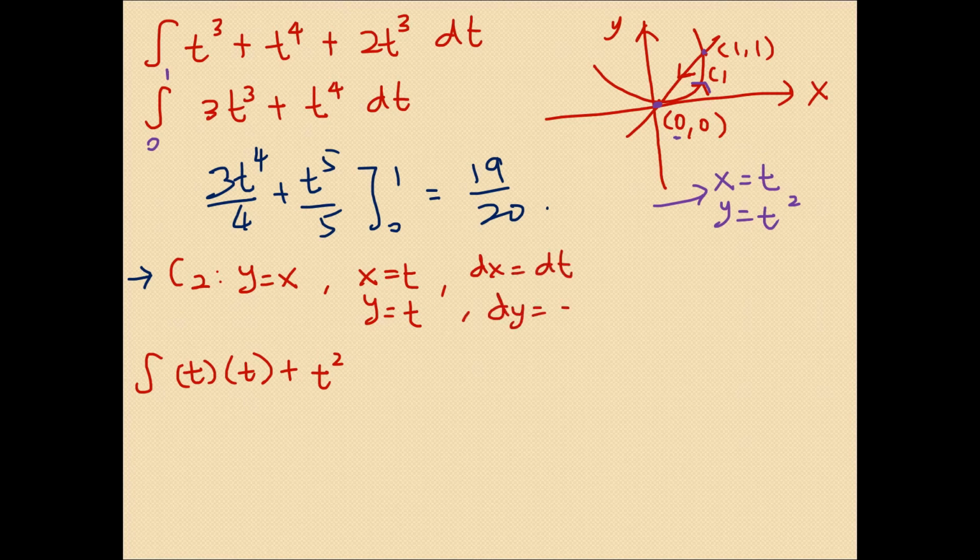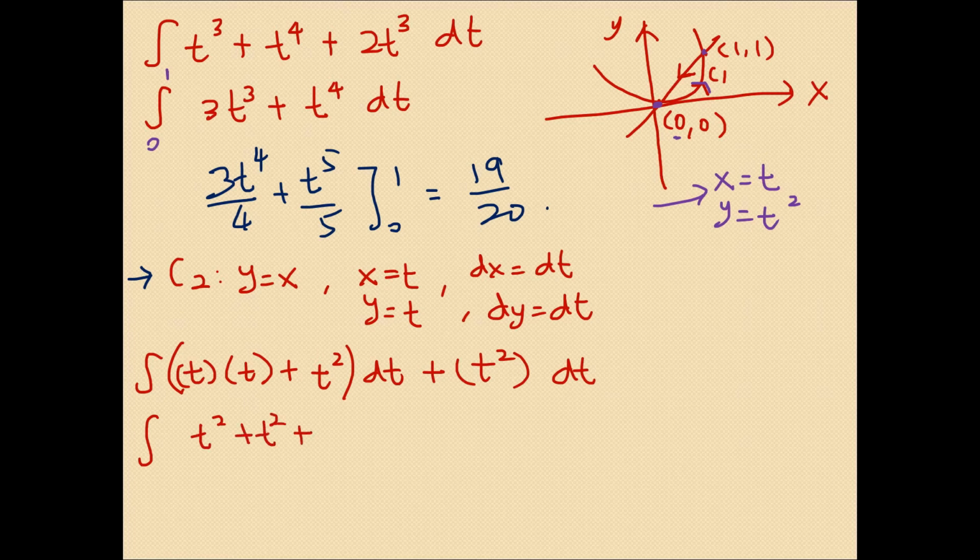Differentiate y is also dt. x squared is t squared, dy also dt. You can add together t squared plus t squared plus t squared dt. So this is equal to 3t squared dt.